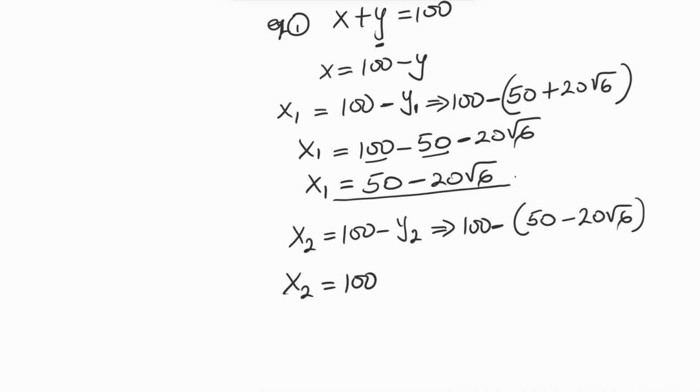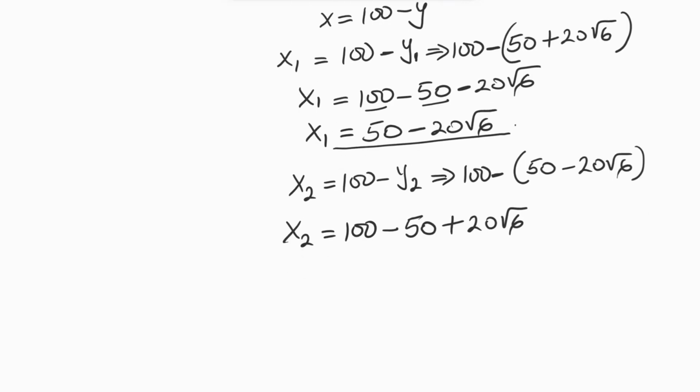Let's open up the bracket. Minus 50, minus times positive 50 will give us minus 50. Then minus times minus 20 root 6 will give us plus 20 root 6. Now, x2 is equal to what? 100 minus 50 will give us 50 plus 20 root 6.